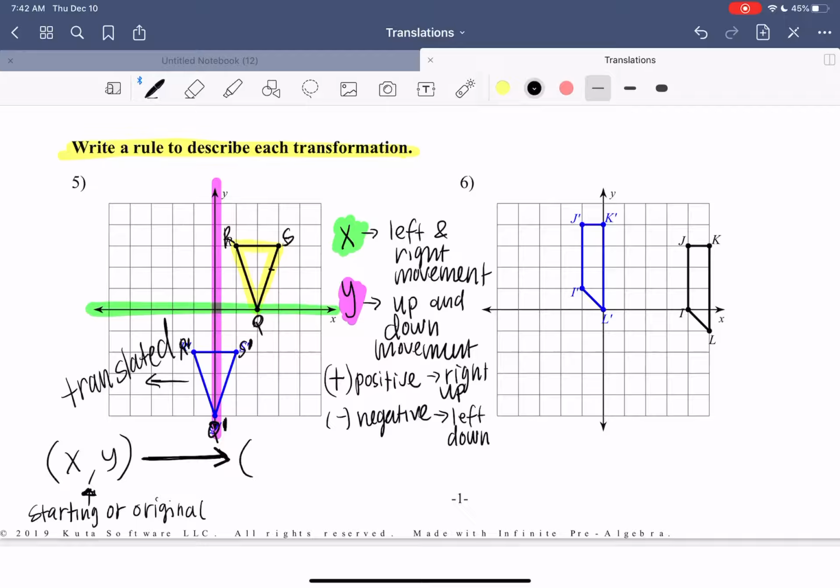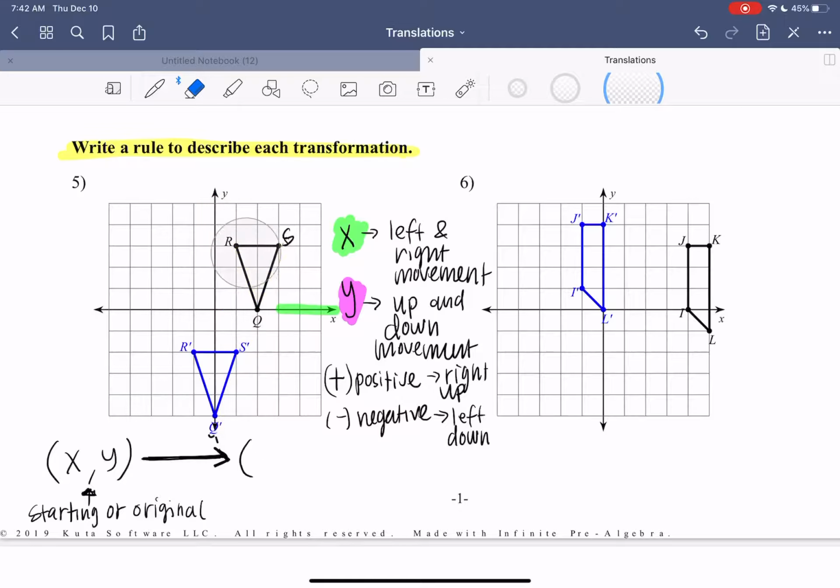We're going to have to pair these up properly to get from our original shape to our translated shape. So I'm going to go ahead and erase what I have on the graph to show you how it is.